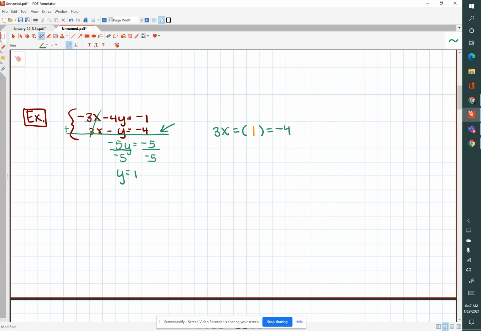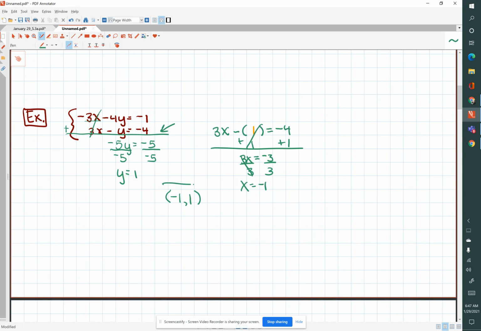Oops, I put an equal sign instead of a subtraction sign right there. There we go. Perfect. Okay, 3x minus 1 equals negative 4. So I'm going to add 1 to both sides. 3x equals negative 3. And if I divide both sides by 3, x equals negative 1. So my ordered pair, negative 1, 1.